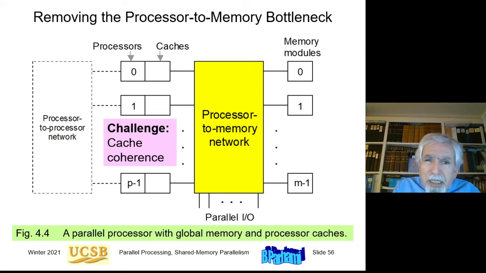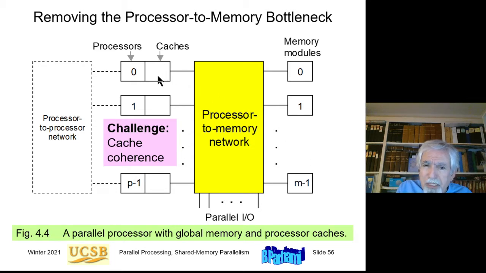Okay, the next idea is to use caches near the processors so that instead of each processor having to go to memory through this network for every memory access, the hope is most of the memory accesses are satisfied from local caches. So if the cache hit rate, for example, is 95%, 95% of the accesses are satisfied locally, and this network and the memory modules are not involved.